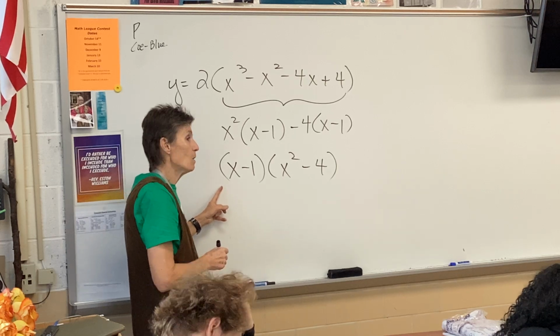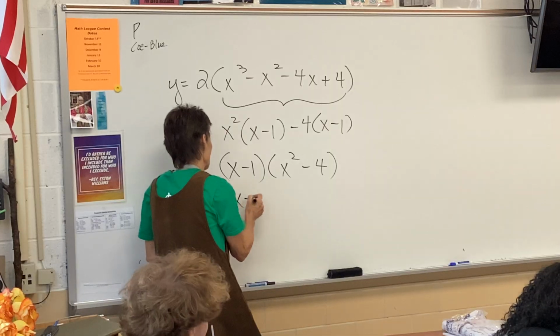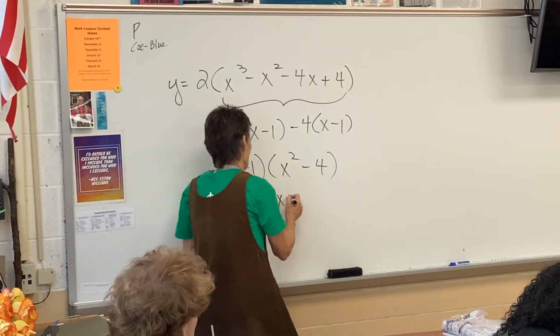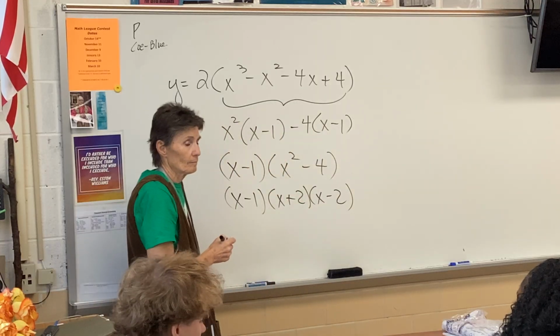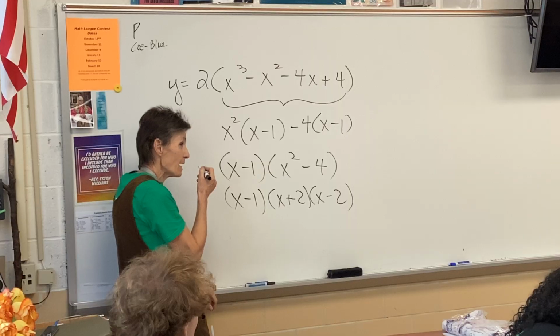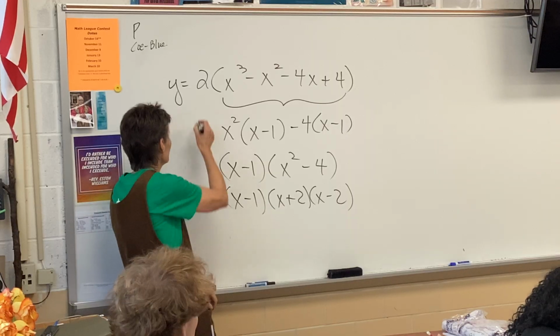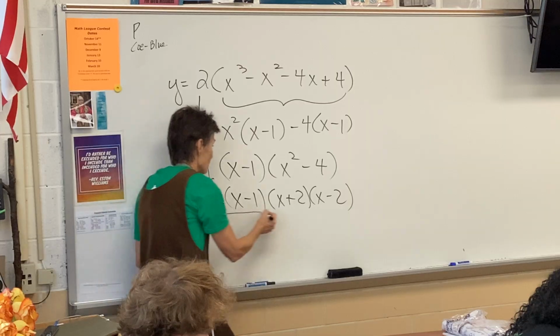And what do we know about x squared minus 4? And then remember that 2 that I factored out and kind of have been ignoring? He's part of the problem.